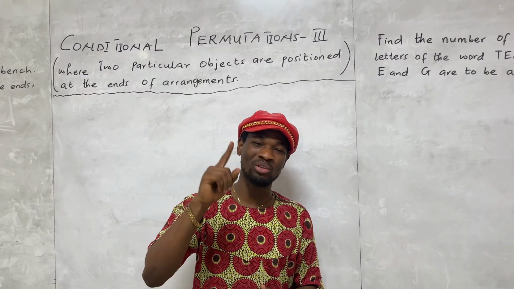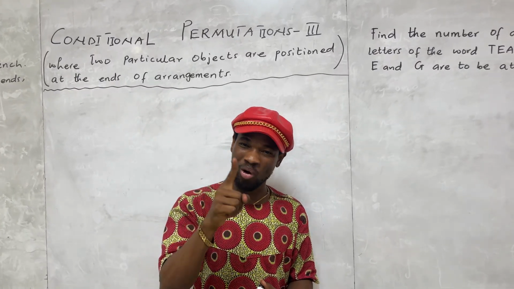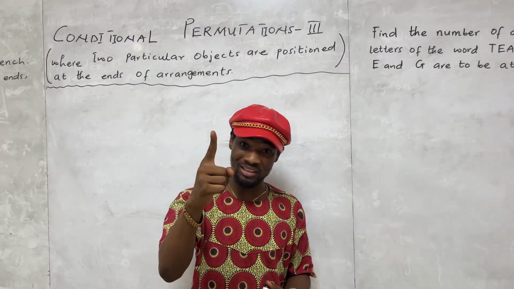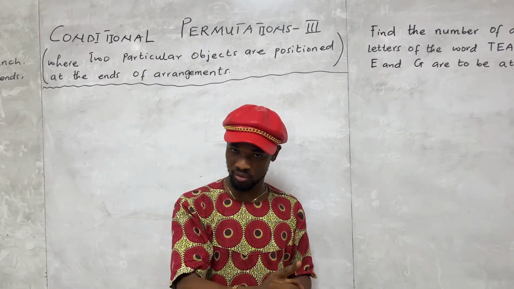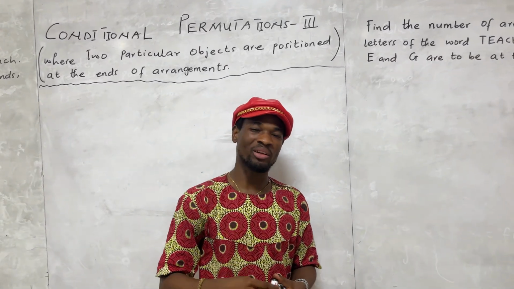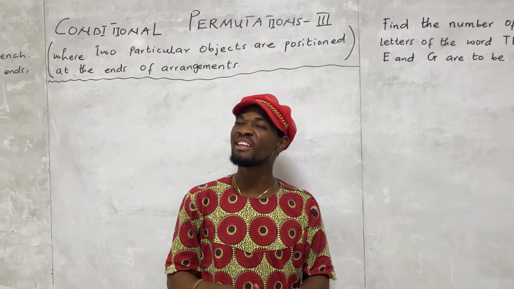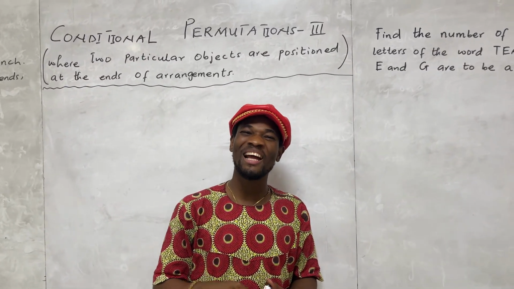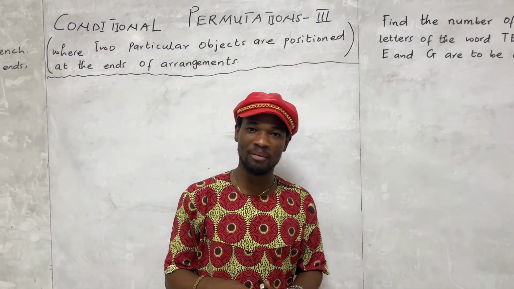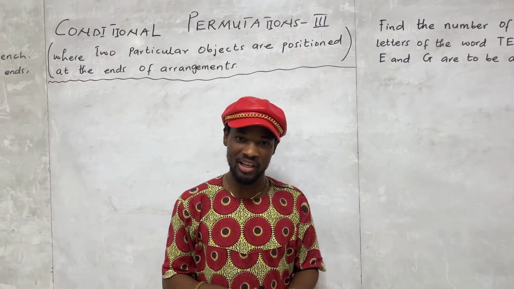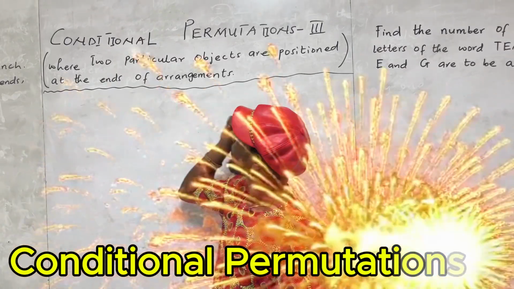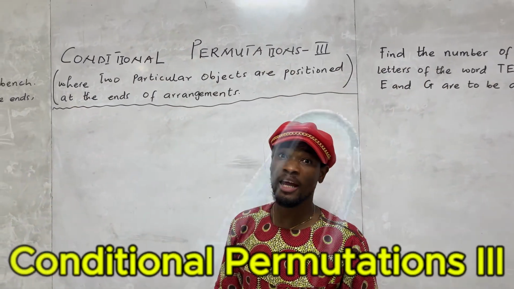We are through with conditional permutations type 1 and type 2. I've given you enough information and tricks regarding permutations, and today we are going to consider conditional permutations type 3.